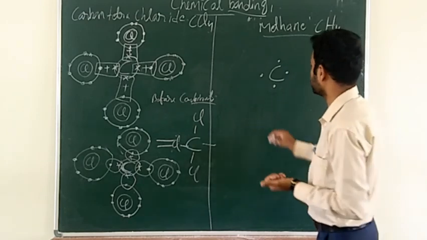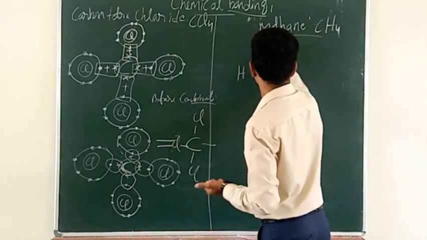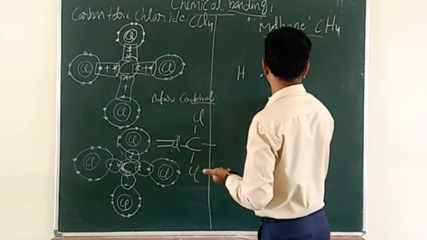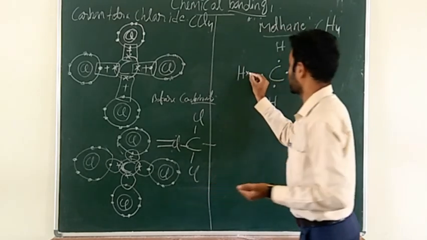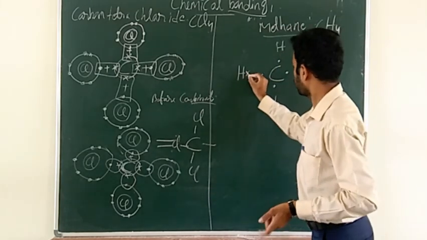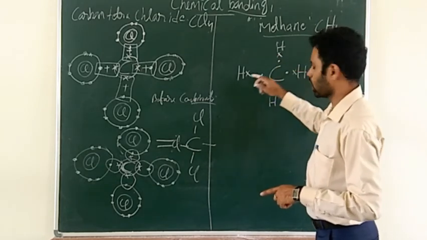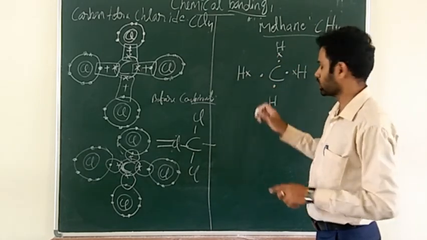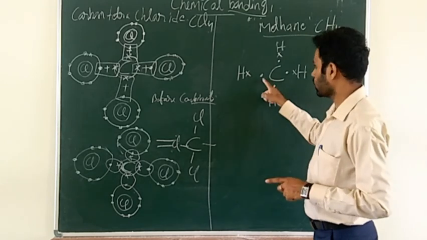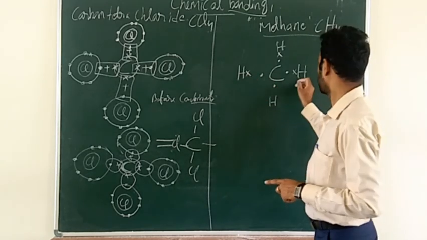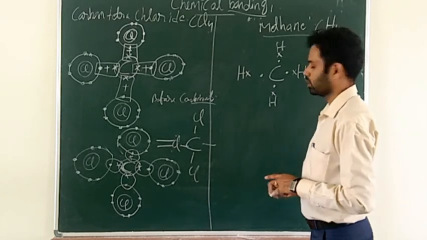Next hydrogen. It has 1 electron. Put a dot symbol there. For 1 dot symbol, another cross symbol. Now clear.